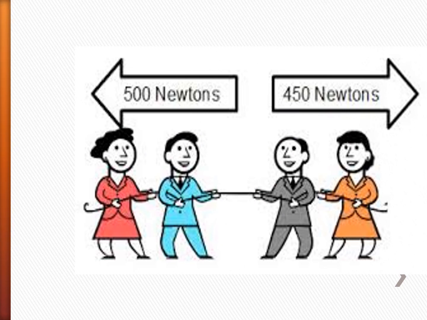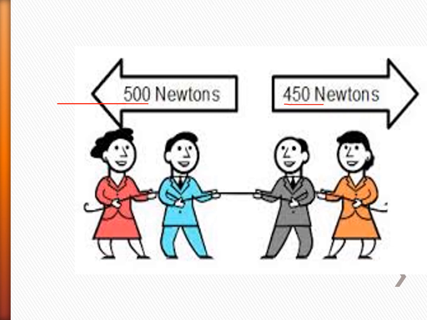Next one, is this balanced or unbalanced? So we have here 500 newtons versus 450 newtons. If we look at the magnitude of the forces, is this balanced or unbalanced?